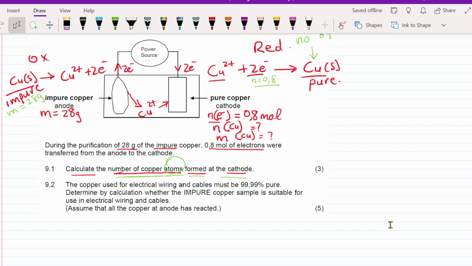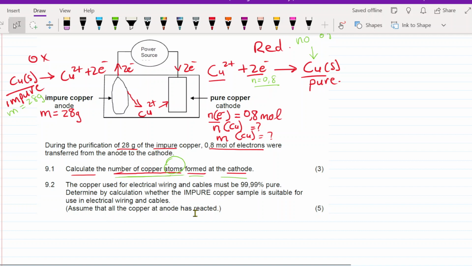Now, they are saying the copper used for electrical wiring and cables must be 99.99% pure. Determine by calculation whether the impure copper sample is suitable for use in electrical wiring and cables.